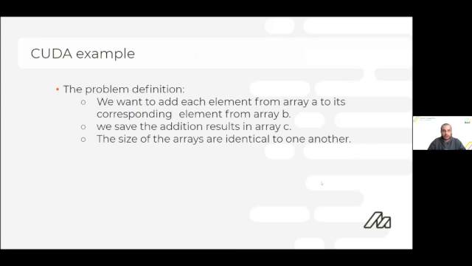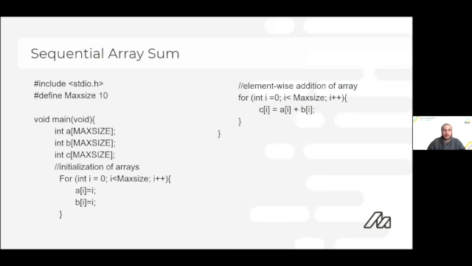Okay, here we have an example of array summation. We want to add array A and array B and get the results stored into array C. It's important that the sizes of the arrays should be the same, so that's a given. So this is the sequence.